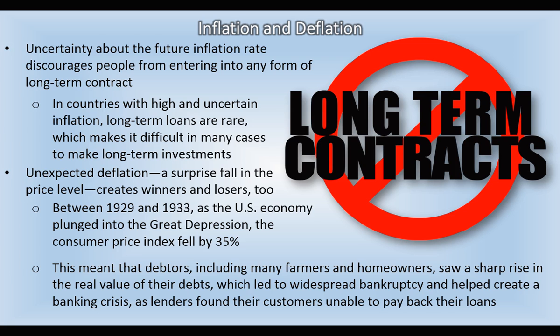You're dividing a number that's not changing by a smaller number, and so you get a bigger number. Therefore, the real value of loans became huge, and it became nearly impossible for people to pay their loans back, especially during a depressed economy where it was hard to have a job or any kind of income. So this led to widespread bankruptcy and helped create a banking crisis as lenders found their customers unable to pay back their loans.